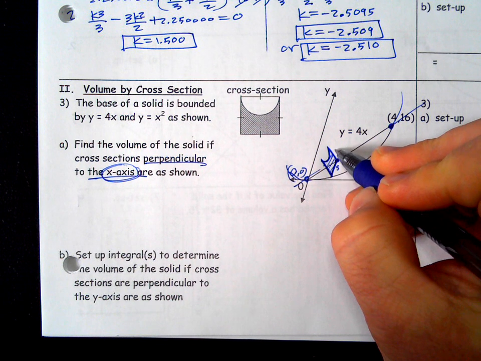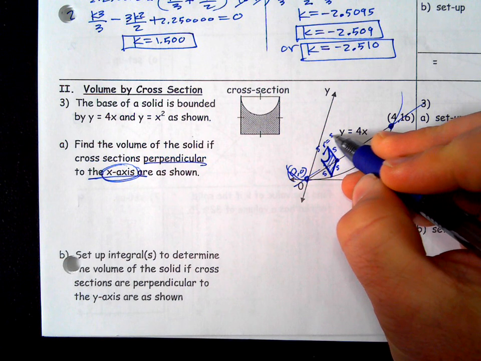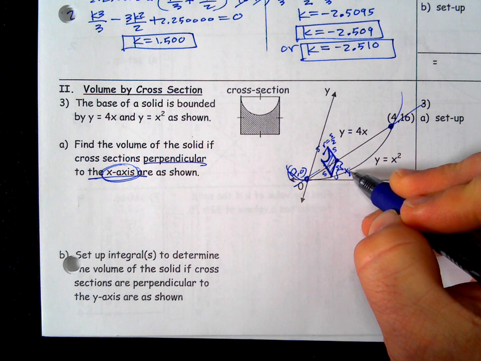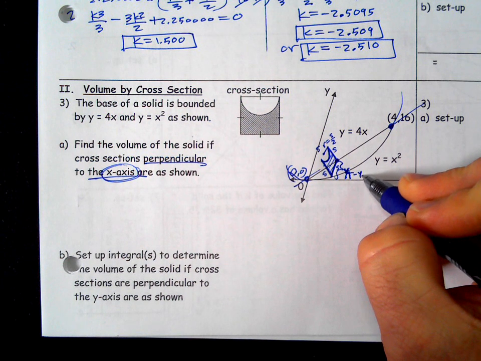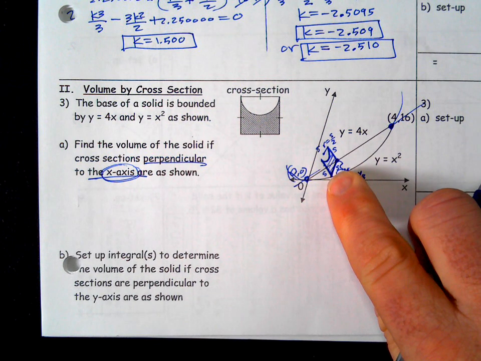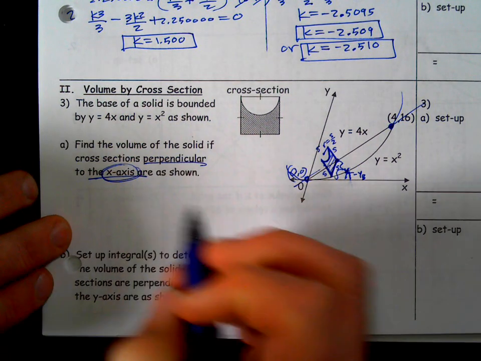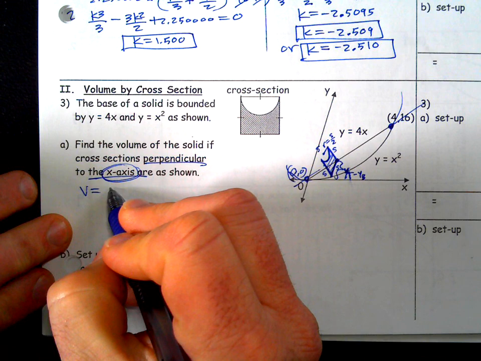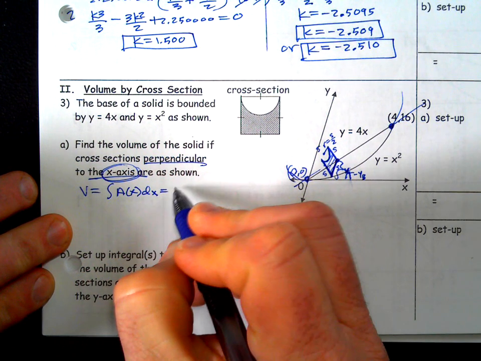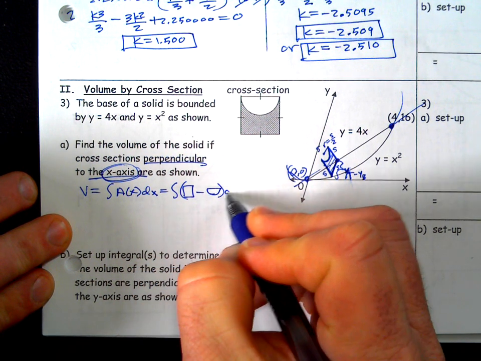Side, side, side, side. The radius is side over 2. I want to use side because that's right here. That's x. That's y top minus y bottom. You always want your dimensions for your shape to be determined by the bottom of the slice touching the base region. So my volume is some area in terms of x. It's specifically a square minus half of a circle.